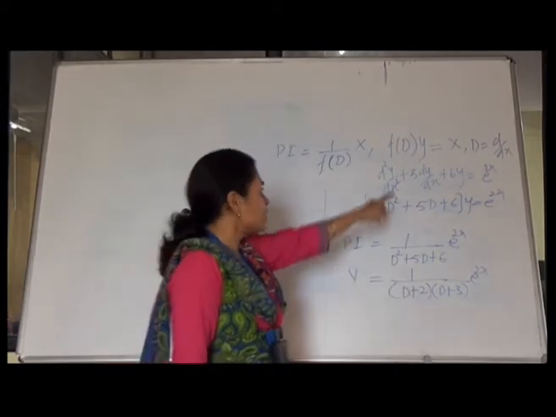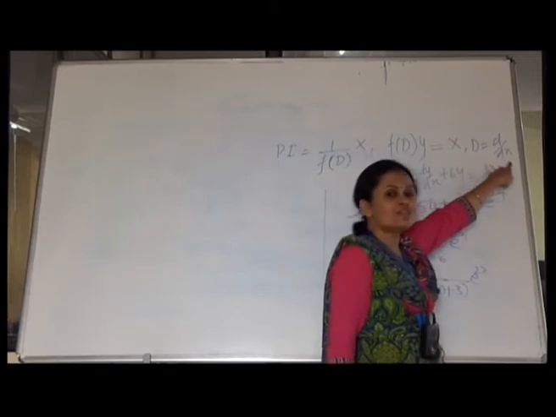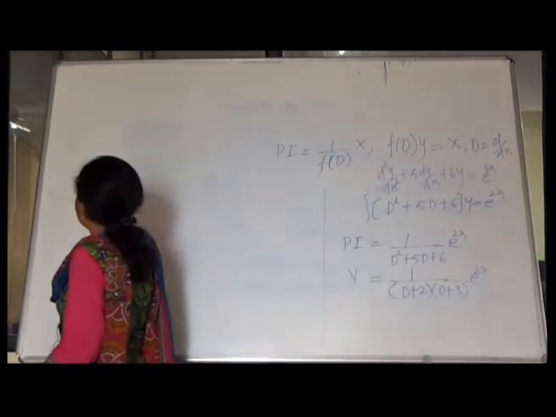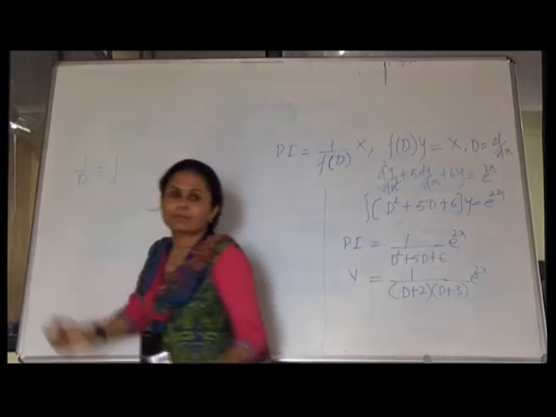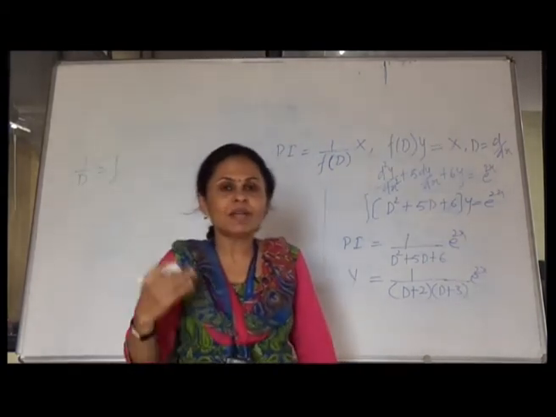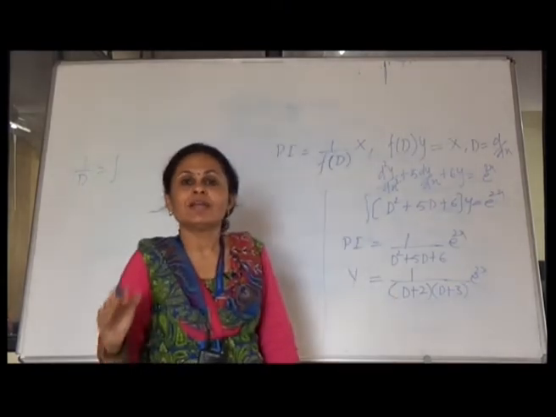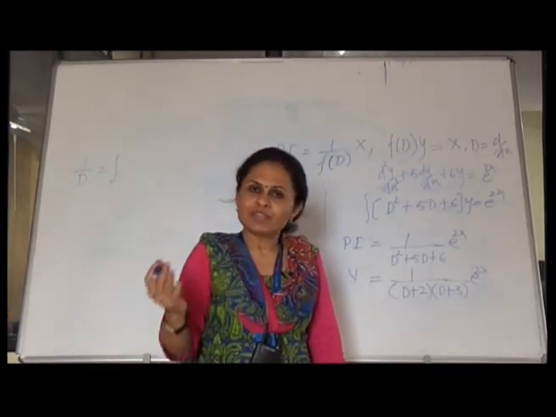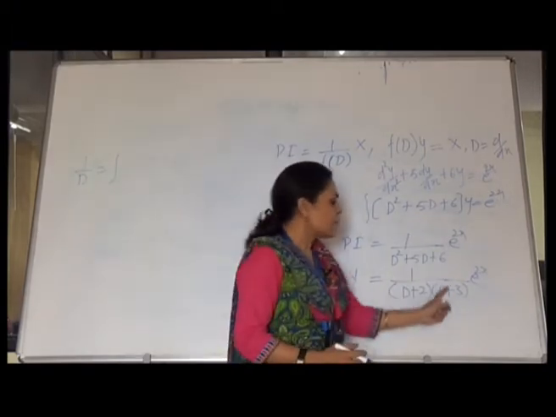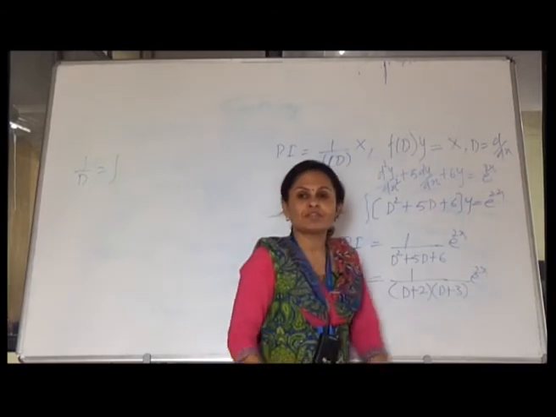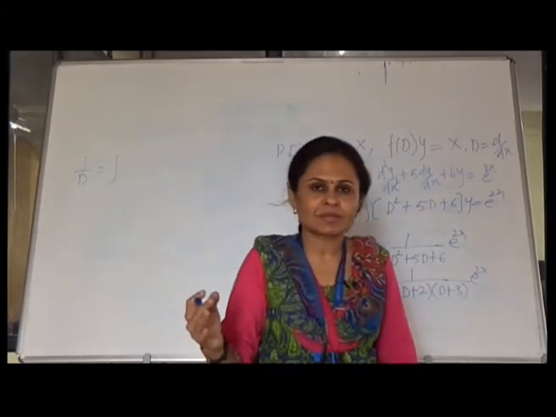If d is the operator in numerator which stands for the derivative d by dx, the significance of 1 upon d is integral of that particular function. Numerator d stands for derivative, whereas 1 upon d stands for integration. If this concept is clear, then 1 upon d plus 3 is also an integral which is getting operated on the function e raised to 2x.